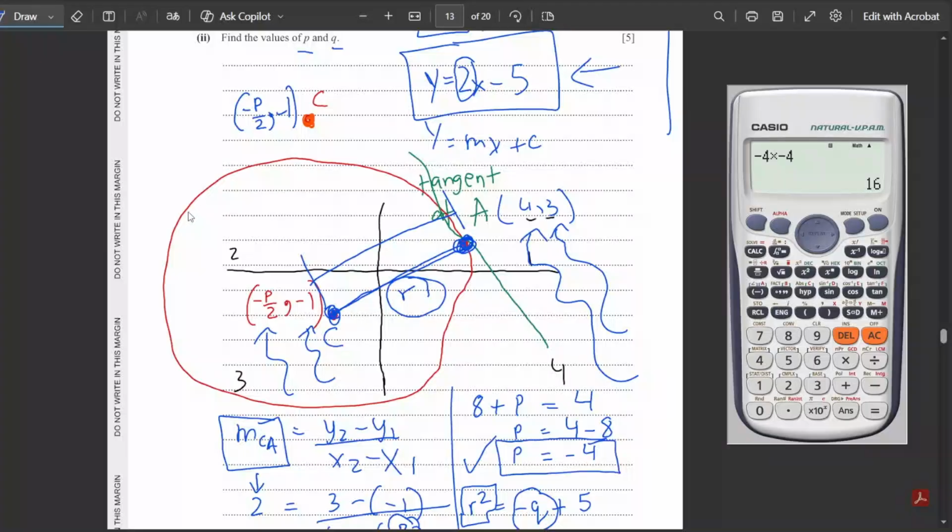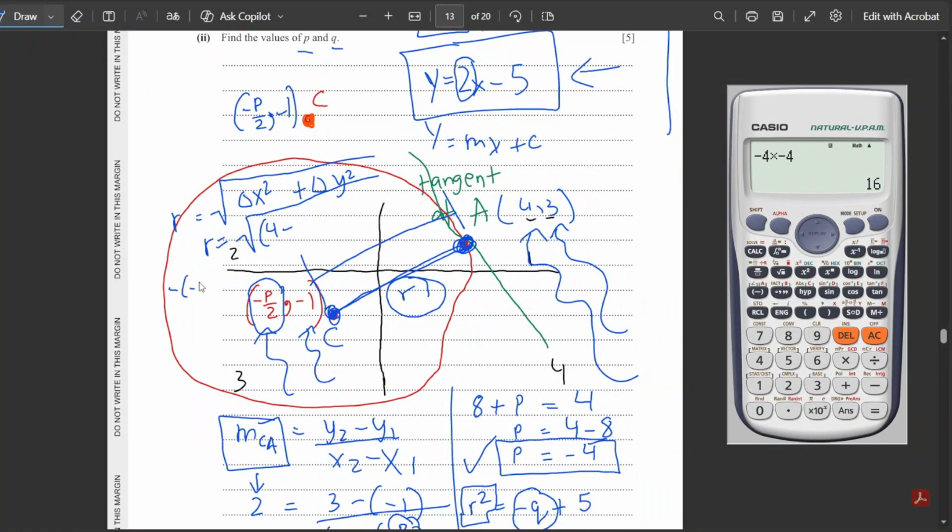So the distance formula is equal to the square root of, or since in this case the distance is the radius, I'm just going to write the radius over here. The radius is equal to the square root of change in x squared plus change in y squared. Change in x is going to be the x coordinate of A minus the x coordinate of C. So what is C? C is negative p over 2.